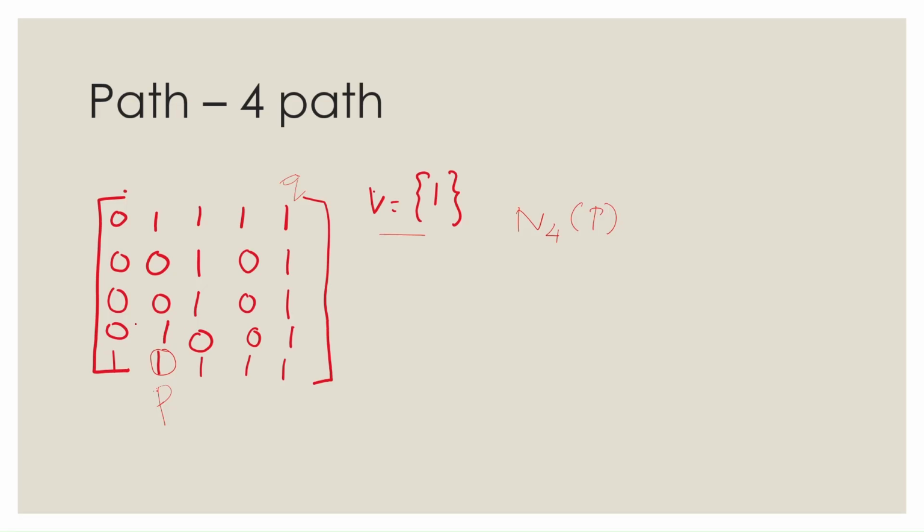We have to check for 1 only and then only move to the next pixel. In this case we don't have any ones in either the horizontal or the vertical direction, so we cannot move further. The only possibility is diagonal, but the diagonal cannot be considered now because we are taking only 4 paths. So we have to take only horizontally or vertically. Now this path is not going further, so we will drop this one.